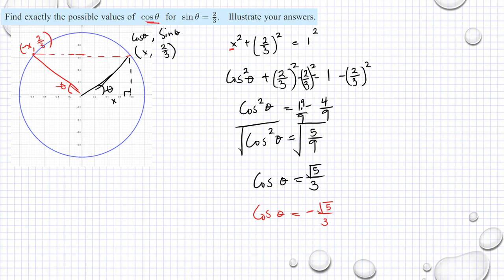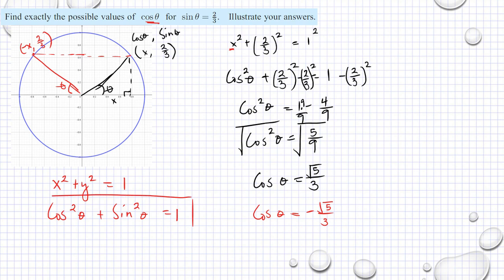Before I leave this example, as you can see here, I use the Pythagorean theorem. I use x squared plus y squared is equal to 1. That's the Pythagorean theorem. But our x is cosine and our y is sine, so cosine squared theta plus sine squared theta is equal to 1, or 1 squared if you want.